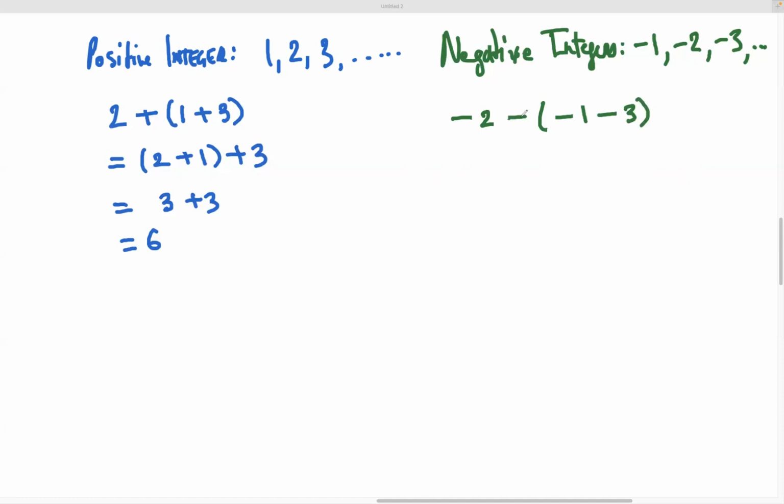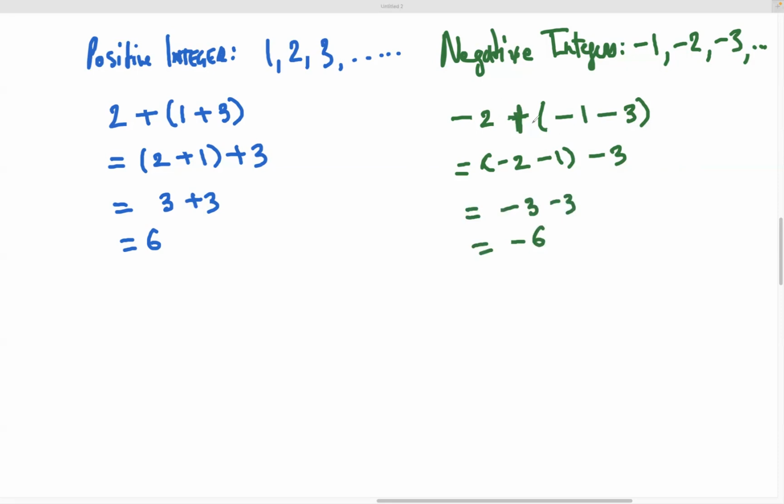If we are trying to do this type of addition, then this would be the same as saying minus 2 minus 1 minus 3, because when this minus sign comes out of the parenthesis, it stays as minus because we have a plus sign here, and so the output that we get is minus 3 and that equals minus 6.